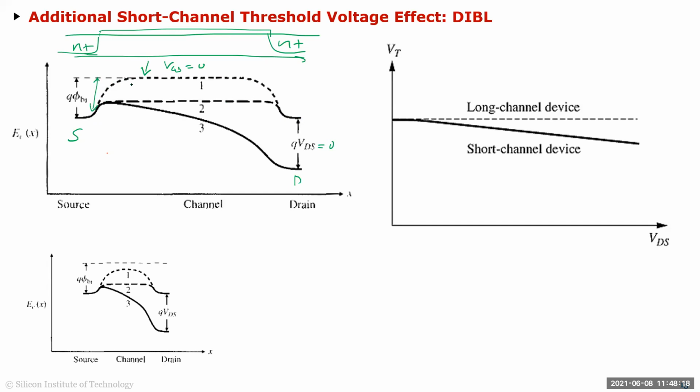When you start applying a gate voltage greater than 0, this barrier slowly starts coming down. When your VG becomes close to VT, the barrier is completely overcome and conduction takes place. This is assuming that your VDS is equal to 0, in other words, source and drain at the same voltage.